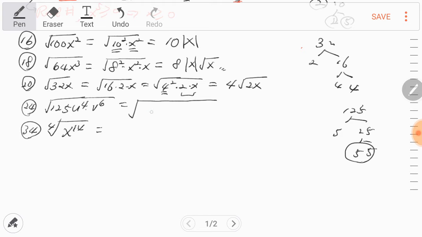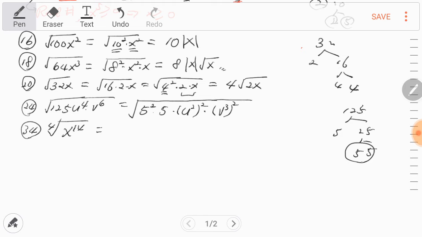So 125 is 5 cubed. So 5 cubed is 5 squared times 5. And u to the fourth power, 4 is 2 times 2. So we can make it u squared and then raised to the second power. How about v to the sixth power? The sixth power exponent 6 is 3 times 2. So we can make it v cubed raised to the second power.